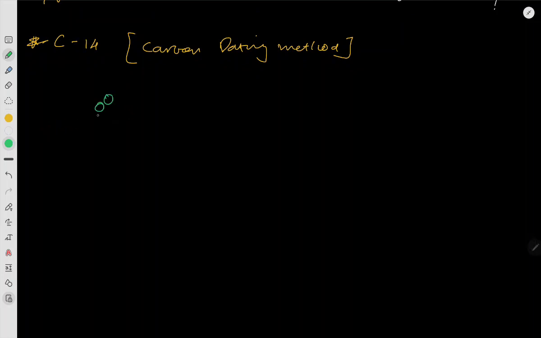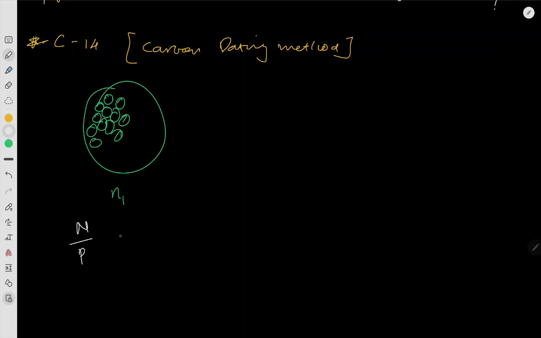There is this atom, I mean a nucleus, that has its N by P ratio somewhere around 1.8. It doesn't go that much away, but still we can say 1.75 or something like 1.65 somewhere.